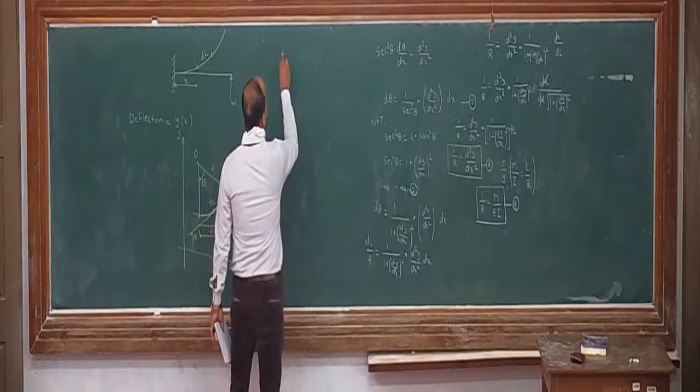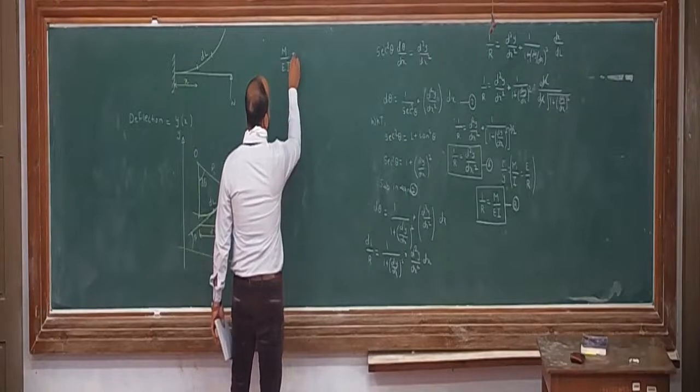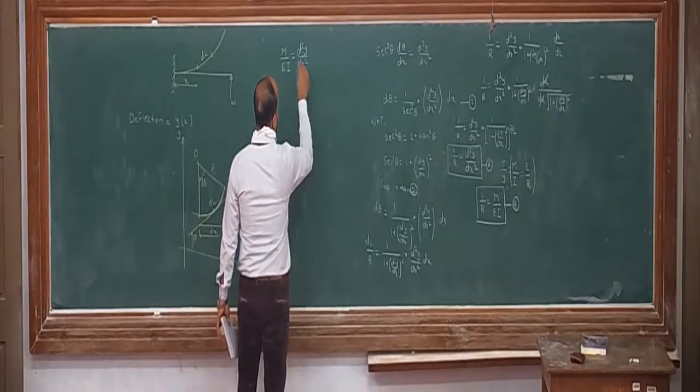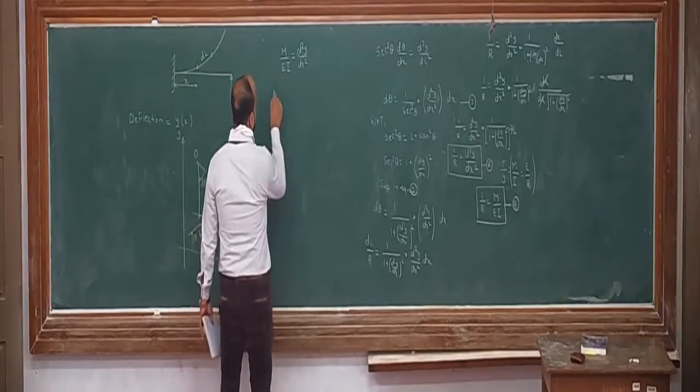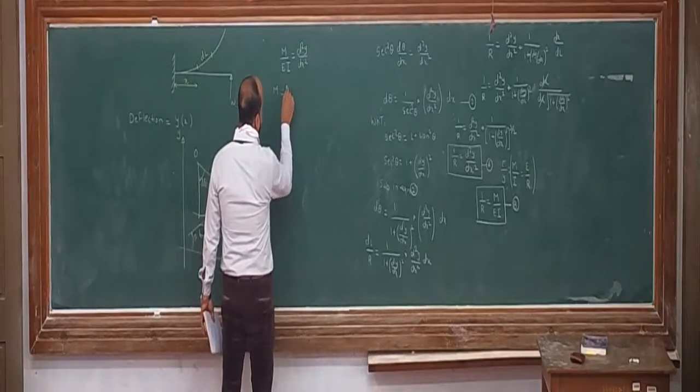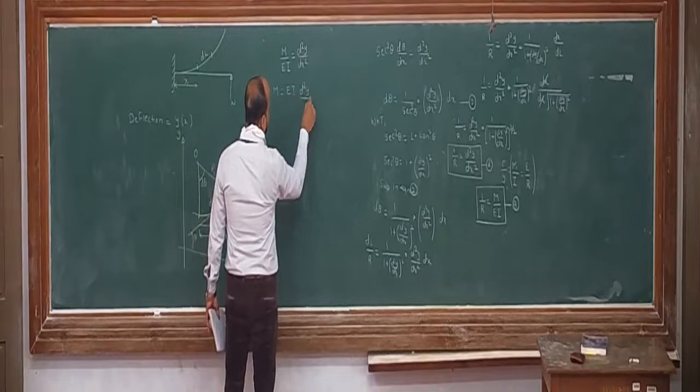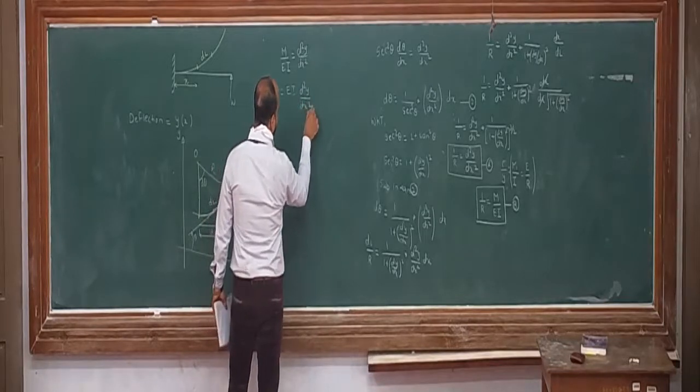Therefore, M divided by E into I is equal to d square y divided by dx square, or M is equal to EI into d square y divided by dx square.